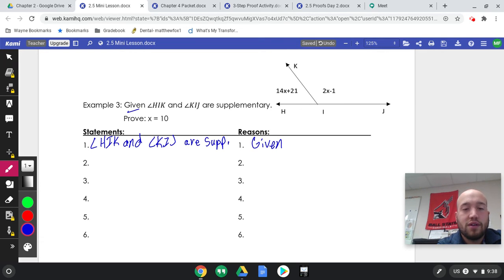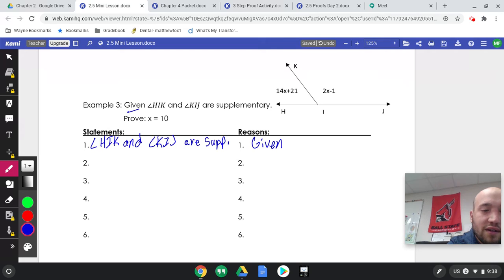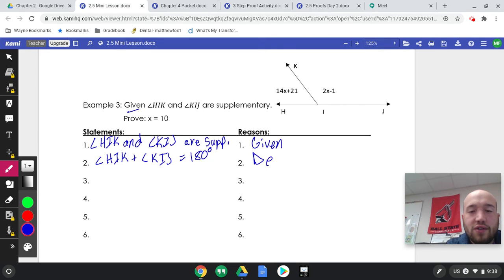So a little bit ago, a couple weeks ago, but we know that if they're supplementary, that means that angle HIK plus angle KIJ, we add those two together, it will equal 180 degrees. And that is because of our definition of supplementary, or I'm going to abbreviate it.